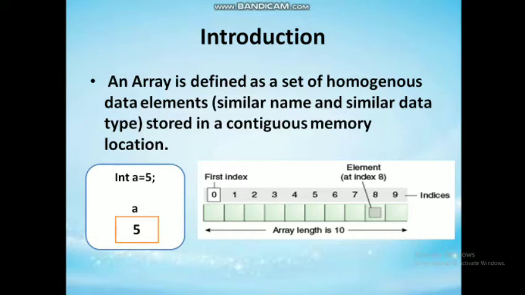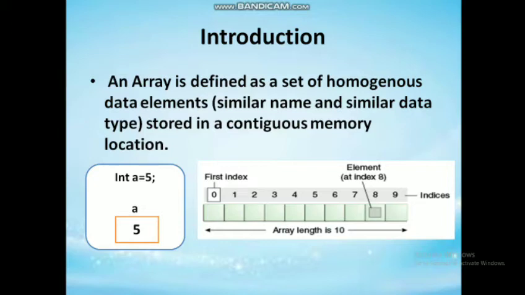That is, the first element will be 0 and the last element's index will be n minus 1, where n is the length of the array. So if the length of the array is 10, then n minus 1, the last index, will be 9. If it is 20, then n minus 1, the last index will be 19.